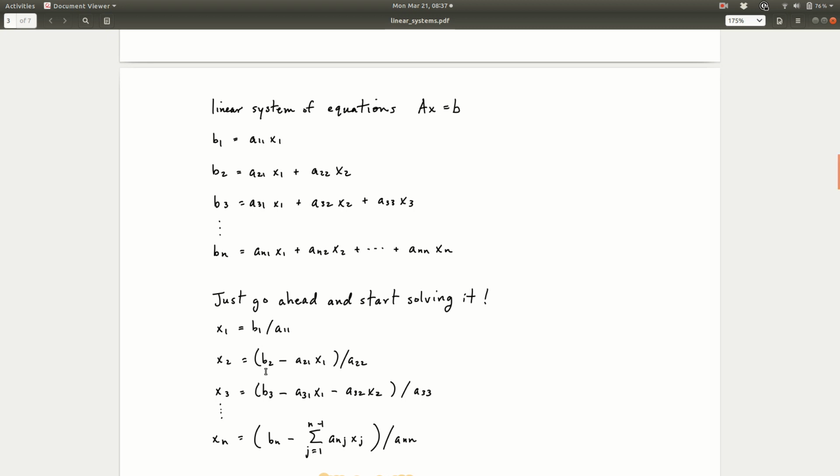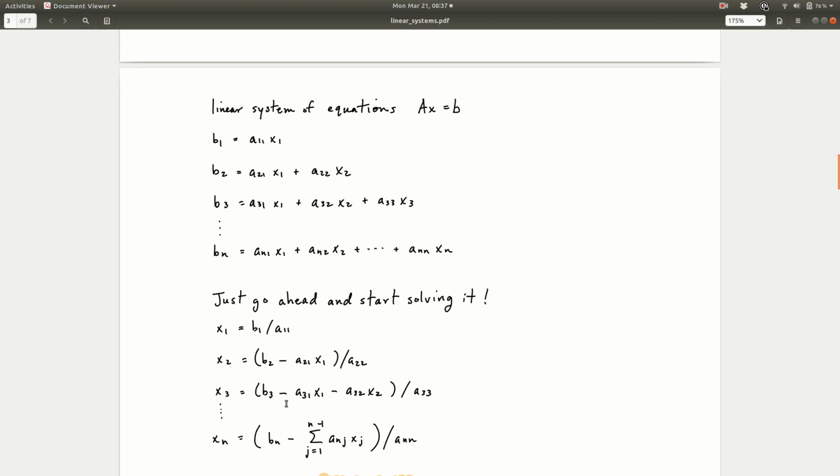And everything on the right-hand side here, b2 is a number I have. a21 is the entry of the matrix A, a number that is given to me. x1 wasn't originally given to me, but now I have it here. And a22 is given to me. So I can get x2 here, no problem. If I look at x3, I rearrange this.